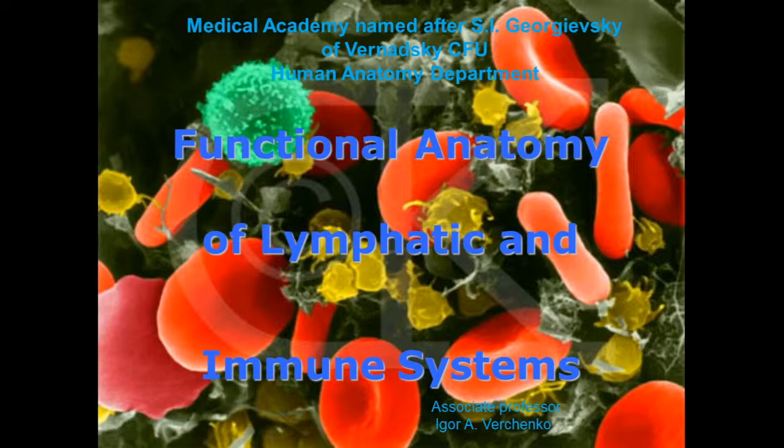This topic is, of course, very important for your future job and also in connection with today's pandemic situation with coronavirus infection. It will help you to understand the mechanisms of the body's protection, the mechanisms of immunity, and I hope it will be very useful for you.